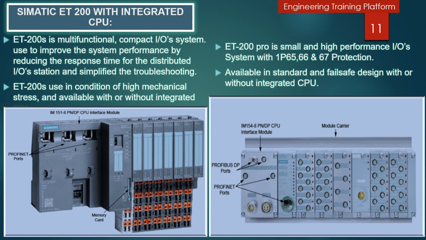Interface modules for this system are available in standard and fail-safe designs with or without an integrated CPU. The integrated CPU, based on the S7-300 CPU 315-2PN/DP, is compatible with S7-300 programs and has Profinet and Profibus DP ports.